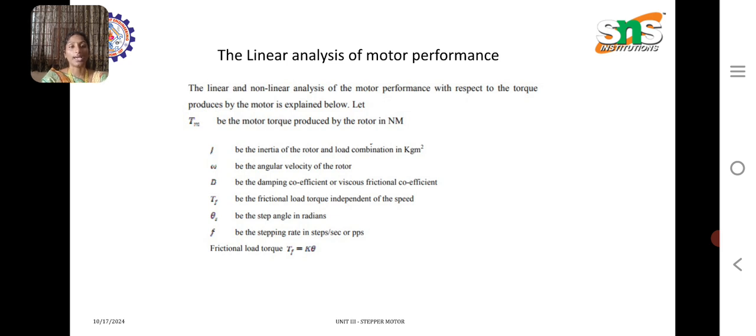And omega be the angular velocity of the rotor and d be the damping coefficient, or it can be called the viscous frictional coefficient, and theta be the step angle in radians and f be the stepping rate in steps per second, or pps, and frictional load torque Tf is equal to k into theta.